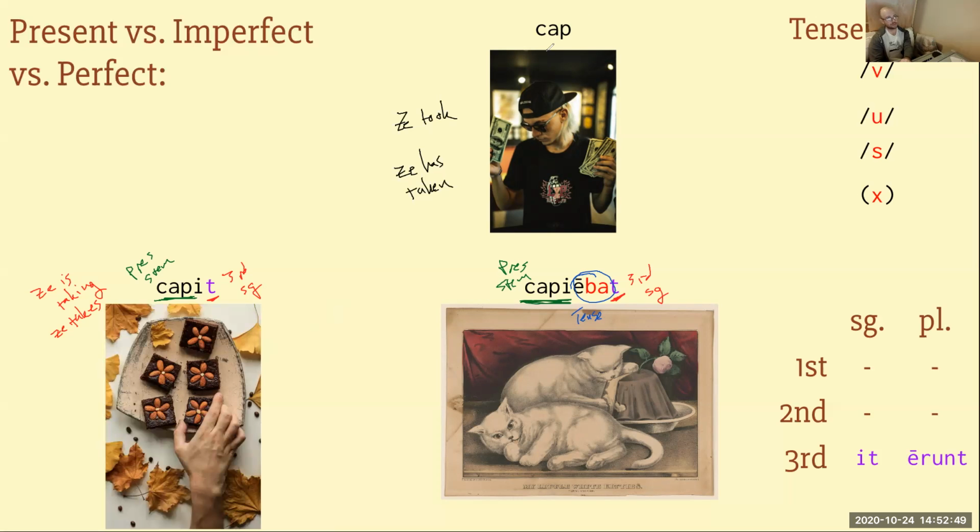So cap was in the present tense. In the perfect tense, it uses a long E. So that is our perfect stem, and a lot of verbs do this. So cap goes to cep, but we still use the regular it for the third person singular of the verb. So this is another change that we'll see. A to E.